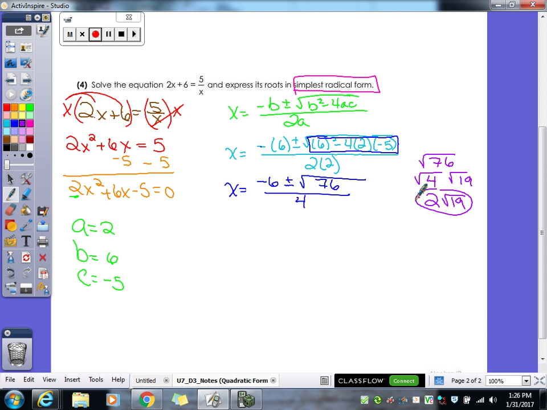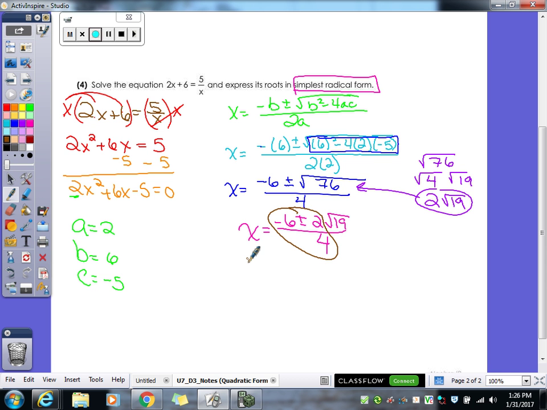So again, I'm going to take this and replace the 76 with it. So we get -6 plus or minus 2 square root of 19 all over 4. So again, our last step is we got to try to reduce if possible. So that 6, that 2, and the 4, can we divide those all by the same number?